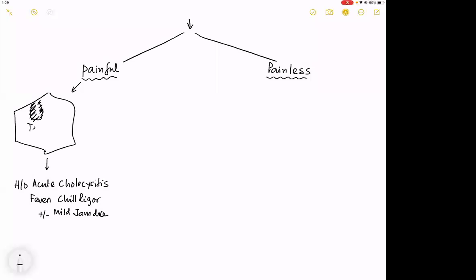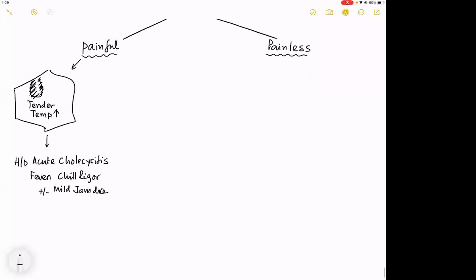The lump is tender and temperature is raised. Can you tell me what is this situation, sir? Empyema gallbladder. Very good. Okay. Completed, sir? Hello. Yes, sir, completed.